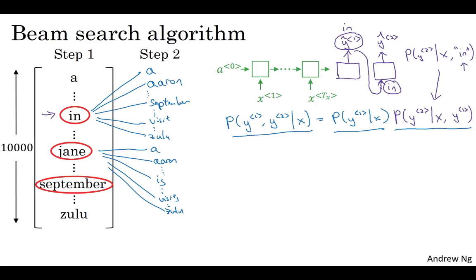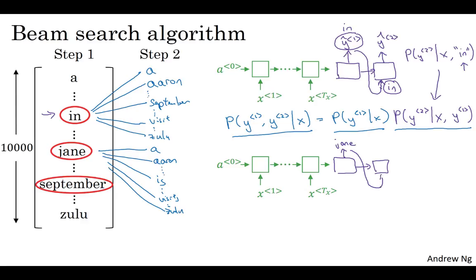And you would use this neural network fragment, and let me draw this in as well, where here you would hardwire y hat 1 to be Jane, and so with the first word y1 hat hardwired as Jane, then this neural network fragment can tell you what's the probability of the second word given the input x and given that the first word was Jane.